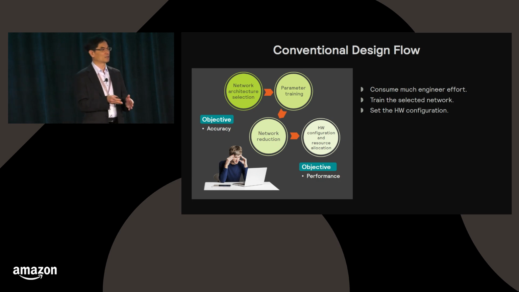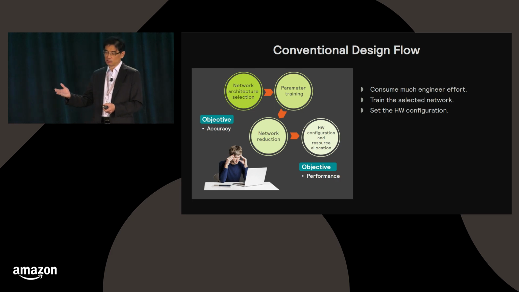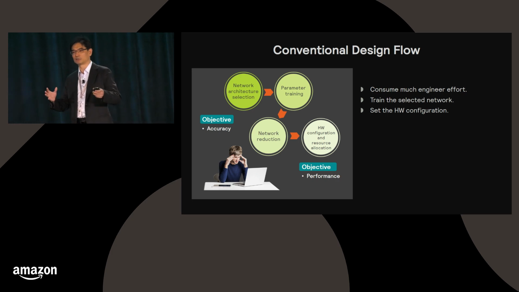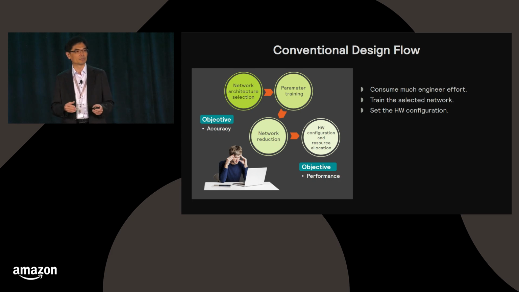However, to get it to fit into the resource constrained hardware, you need to apply network reduction techniques such as quantization or removing unimportant weights. Then you get the target network to map onto the hardware. At this moment, you need to set the hardware configuration, make the hardware resource allocation to get the hardware and the algorithm software to match well, so that you can get the best performance. So at this moment, you get the performance.